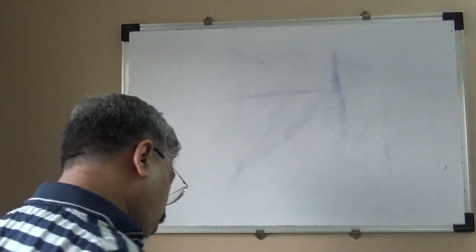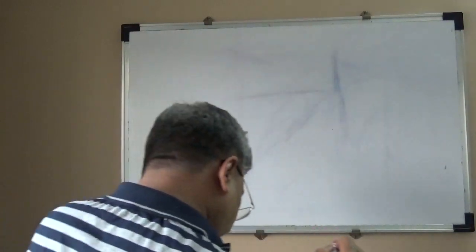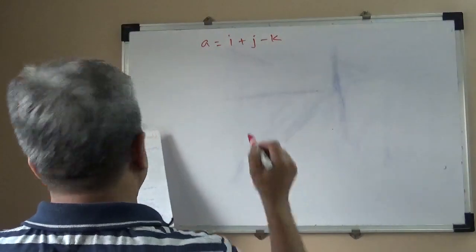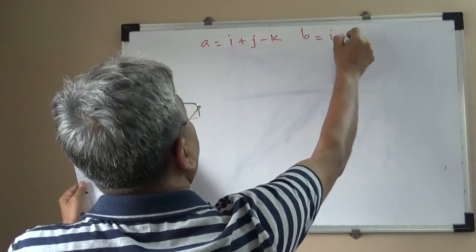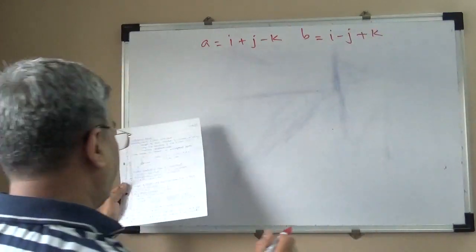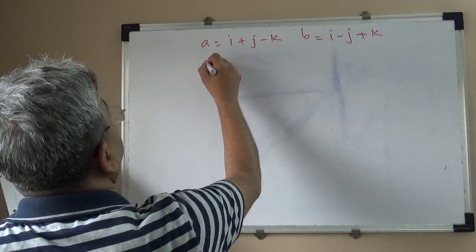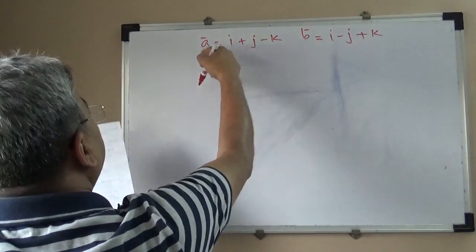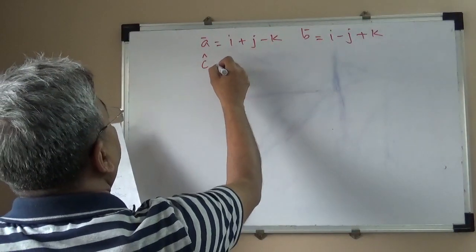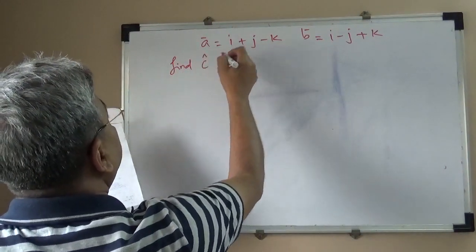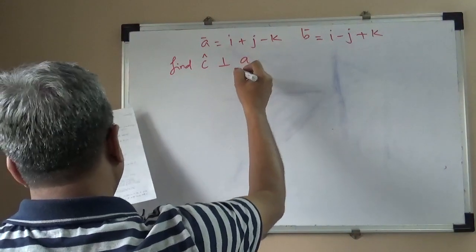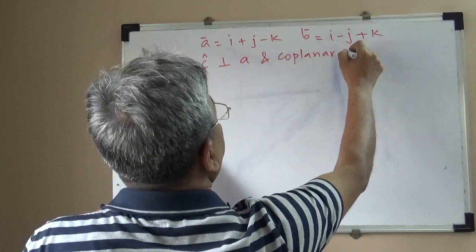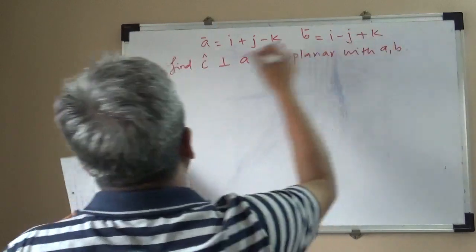So the problem is, two vectors are given to you. A is i plus j minus k, and B is i minus j plus k. Find unit vector C. A unit vector is normally denoted by a cap. Find unit vector C which is perpendicular to A and coplanar with A, B. That is the first problem.